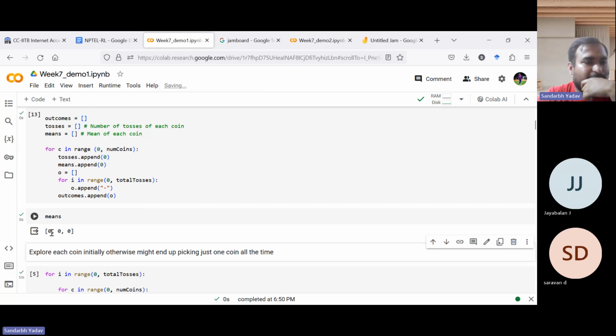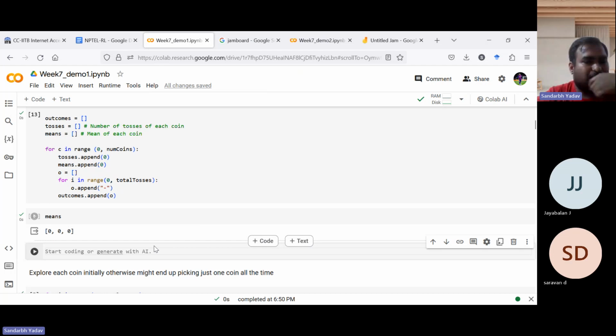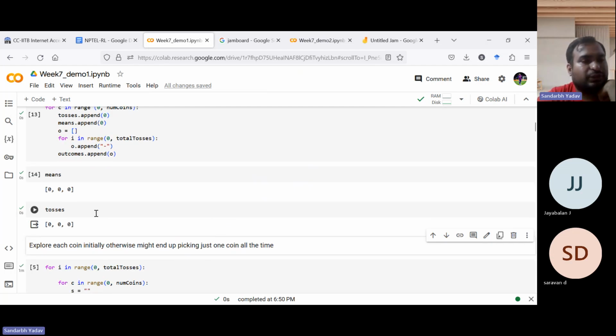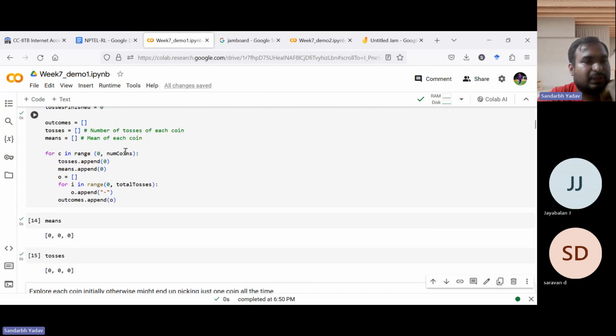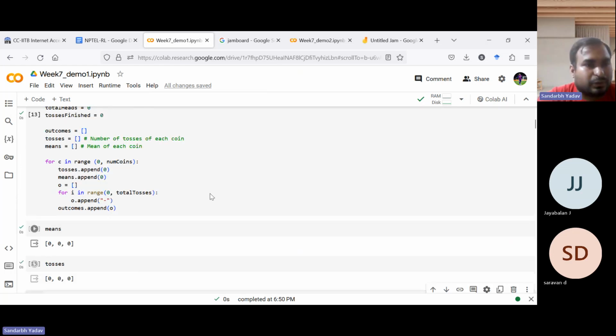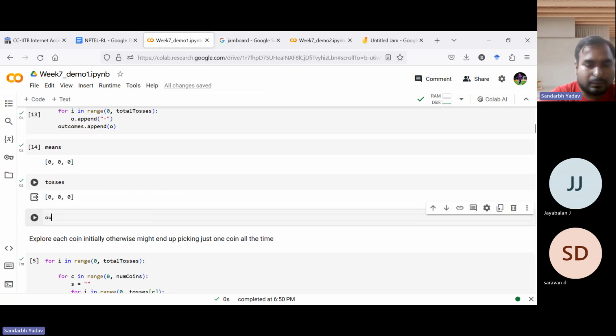Initially the means of all three coins are zero. And maybe I'll show you tosses also. Tosses also zero. And what was the other thing? It was outcomes.